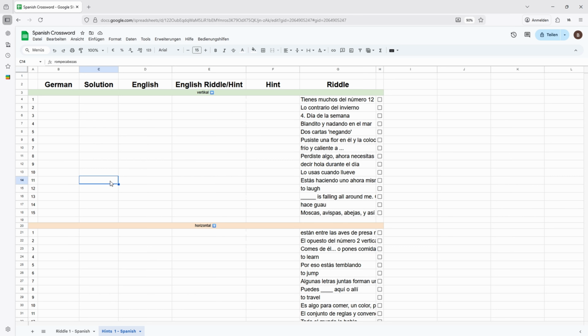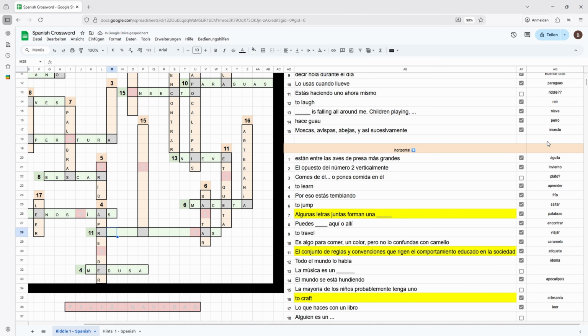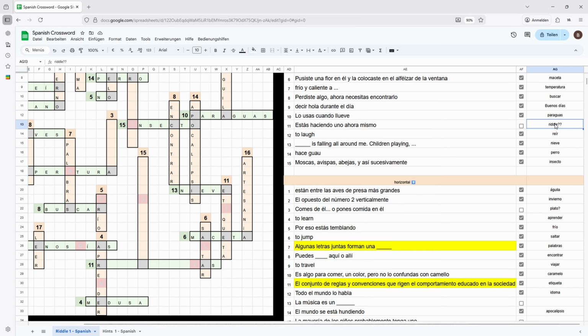Rompecabezas. Okay, I don't know this word, so we are just going to take that word. And I'm going to highlight that one, so I know I didn't know it, and I can learn from that.